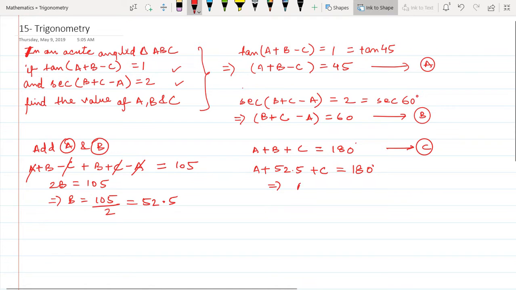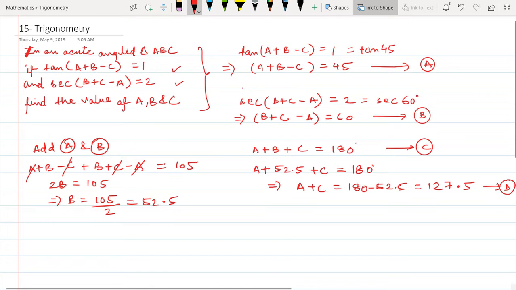This implies that A plus C is equal to 180 minus 52.5. This will be equal to 127.5. This is my part D.